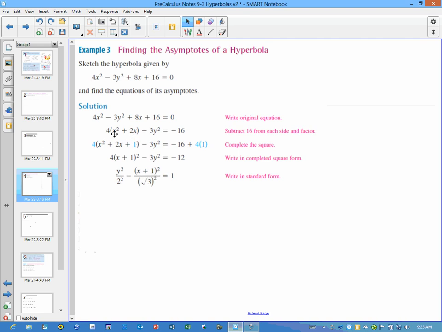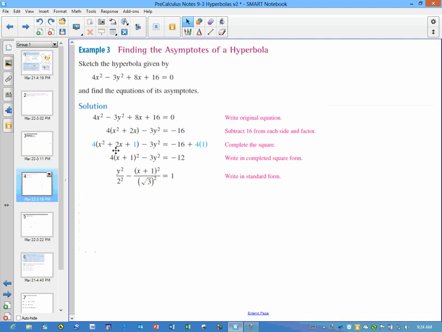For the x's, I will need to complete the square, because there's no linear term for the y, so I can leave it as it is. But before I complete the x's, I do need to factor out that leading coefficient. So I factor out the 4, so 4x squared becomes x squared, and 8x becomes 2x. So I have that 4 on the outside.